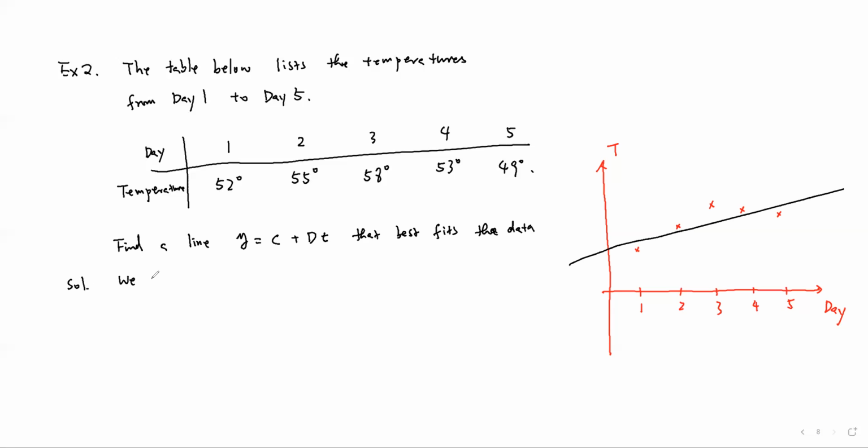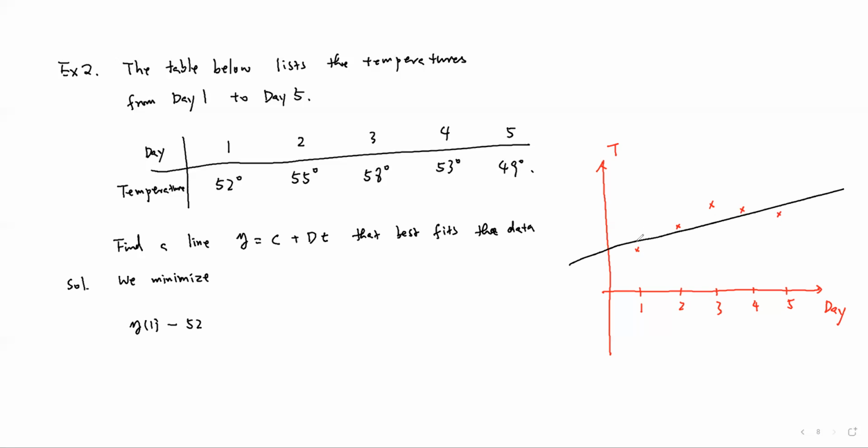We minimize: y at 1 minus the data 52. This is the distance of the line to this data point.